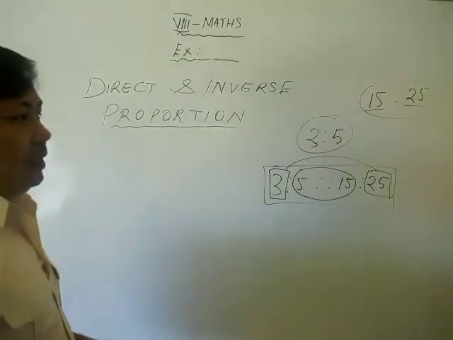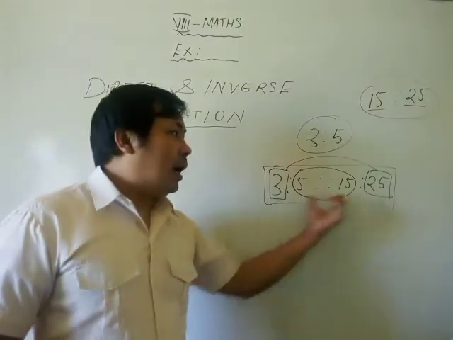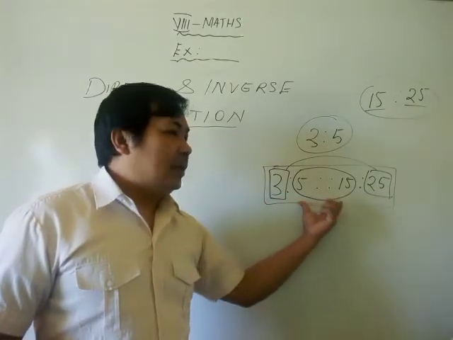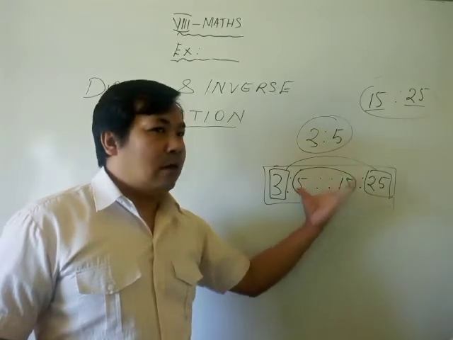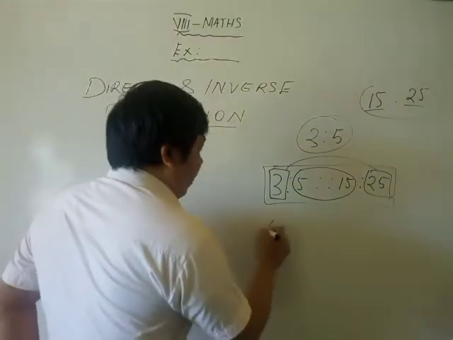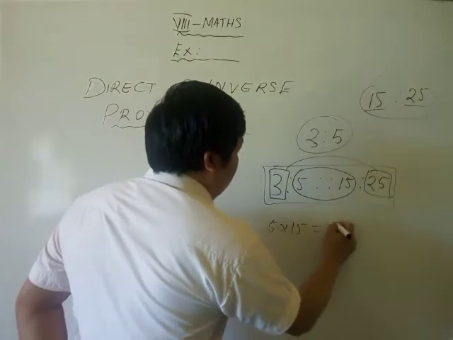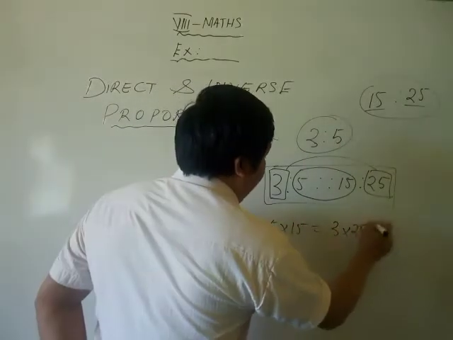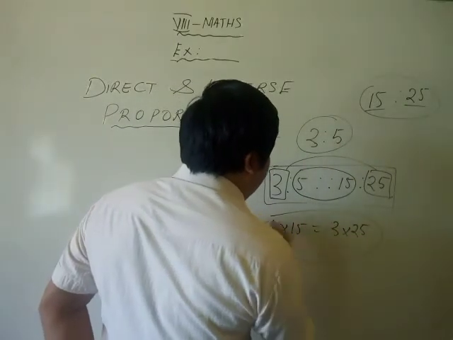In direct proportion, if the two ratios are in proportion, then the product of the means is equal to the product of the extremes. That means 5 into 15 will be equal to 3 into 25. So how does this come?